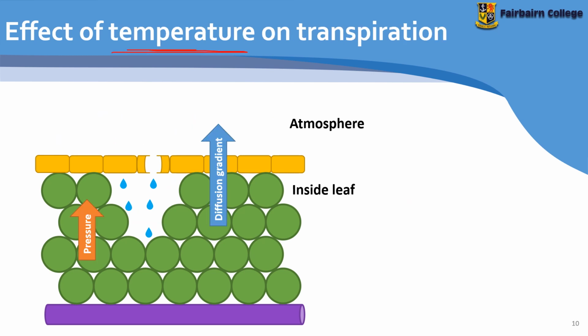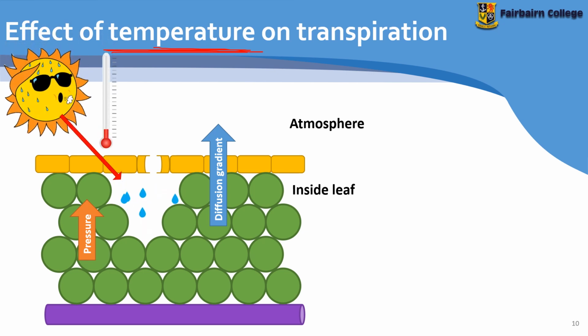The next factor is temperature. Now, again, for temperature, we need to understand some principles before we can explore the effect of temperature. So from grade 8, you would remember that all particles have kinetic energy, and temperature increases the kinetic energy of particles.